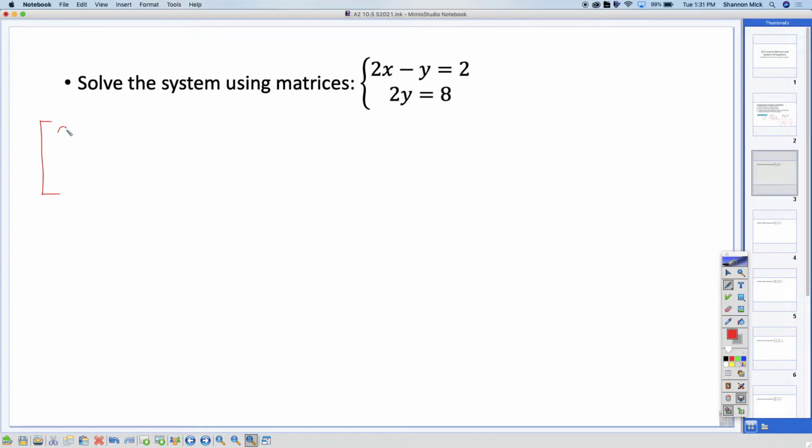So the coefficient matrix would be 2, 0, negative 1, 2. That's my A. My X is going to be x, y, equals 2, 8. My solutions.